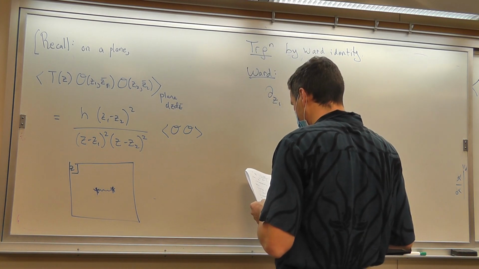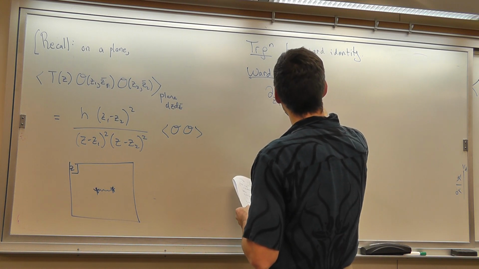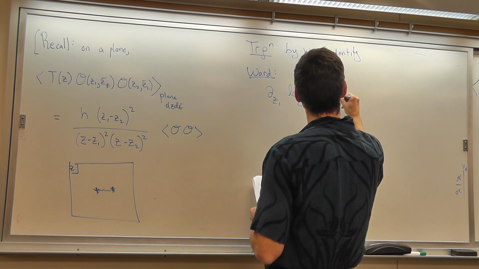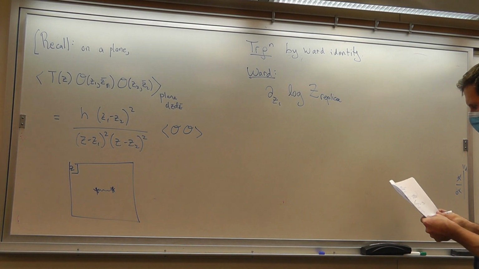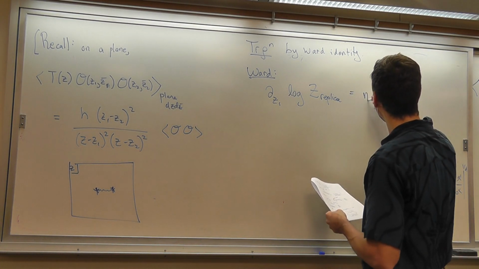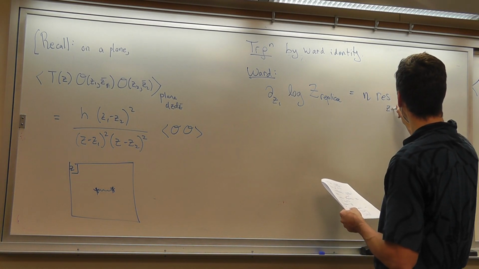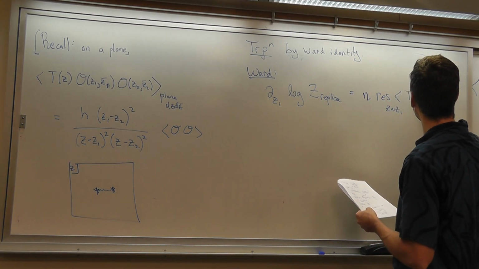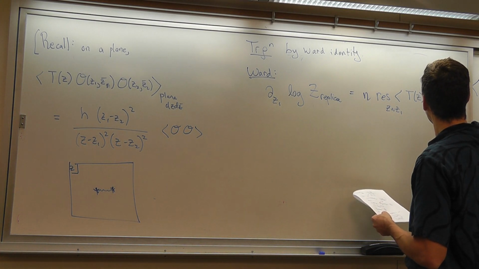It says d by dz1 of log Z replica is equal to n times the residue at z near z1 of T of z on the replica manifold.